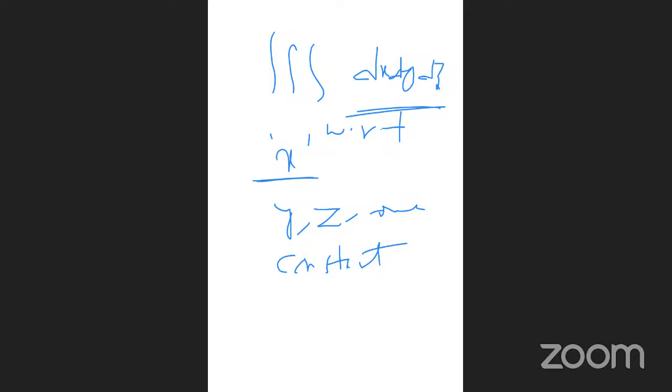When you are doing the integration with respect to y, x comma z become constants. When you are doing the integration with respect to z, x comma y become constants. So this is the triple integration.